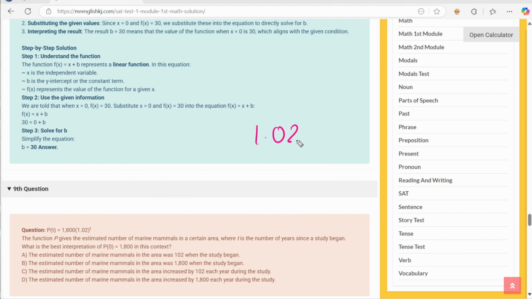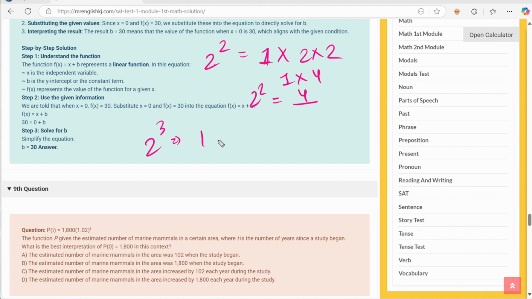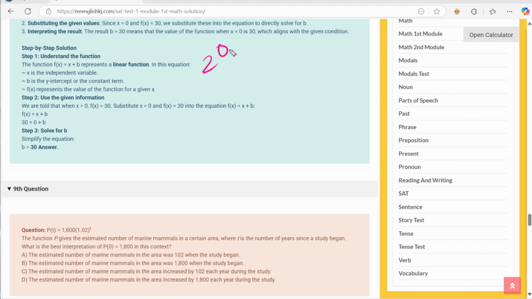Now a thing about exponents I am teaching you. Remember the way of power. Suppose it is like this, 1 will always be there. Then we multiply 2 two times, and that is how we get our answer. If it is given 3, then it will be the same, but we multiply 2 three times. We get 6. But if it is given like this, don't worry about it. It will still be 1 multiplied by 2, zero times.